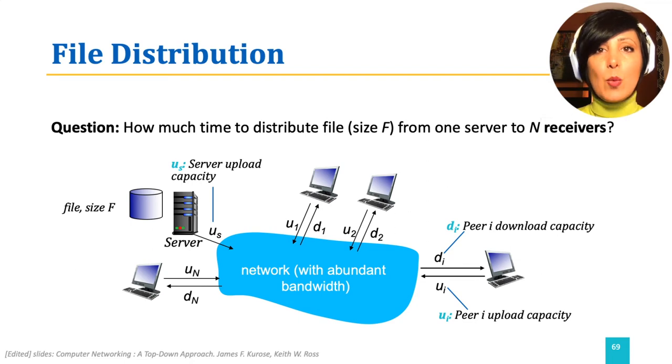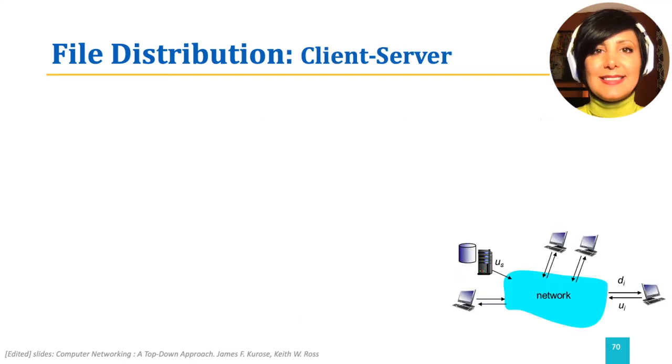Let's discuss what happens. In client-server architecture, for each client that requests the file, the server needs to upload the file for the client to download it. Therefore, for n end users, the server uploads the file n times and each of the end clients downloads it.